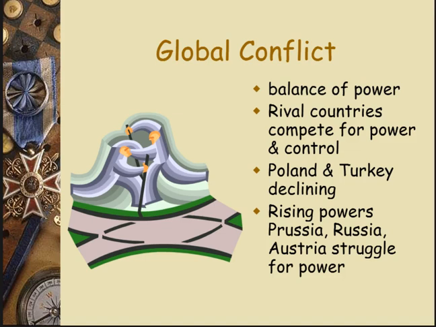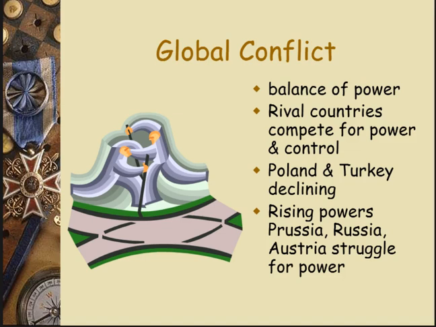It also means that there is competition for these goods. And so when conflict comes, it will not be limited to Europe. The conflict is going to go around the globe. Rival countries are going to compete for power and control.